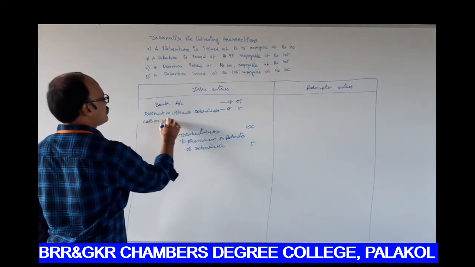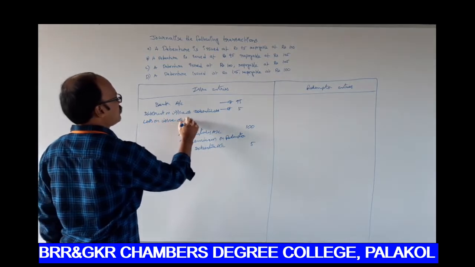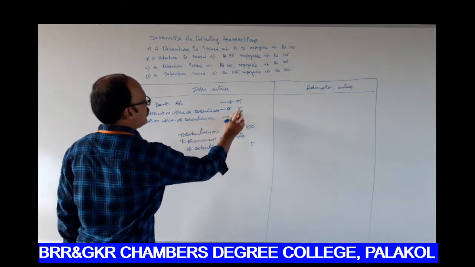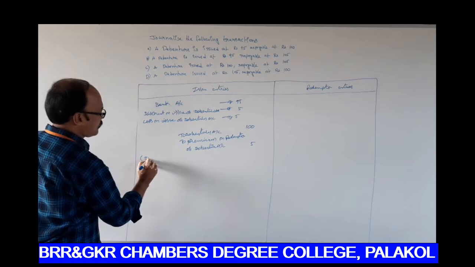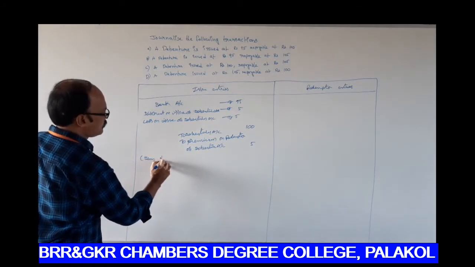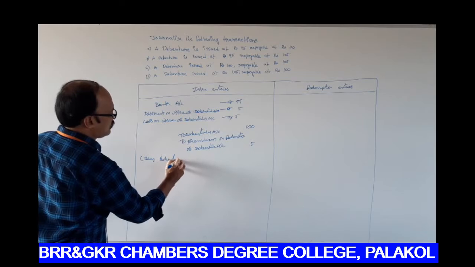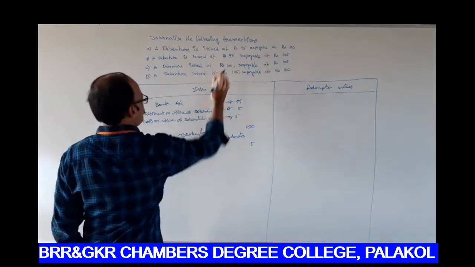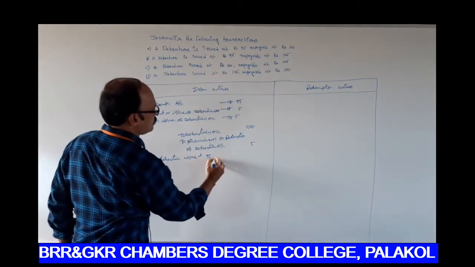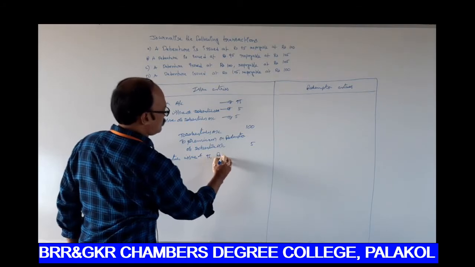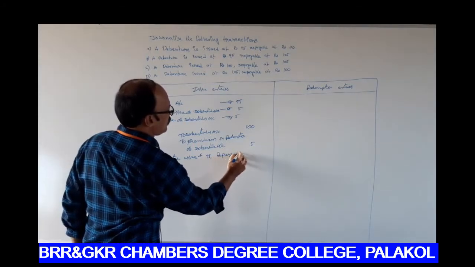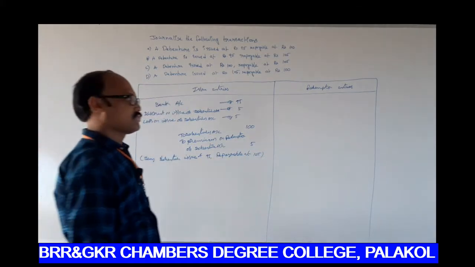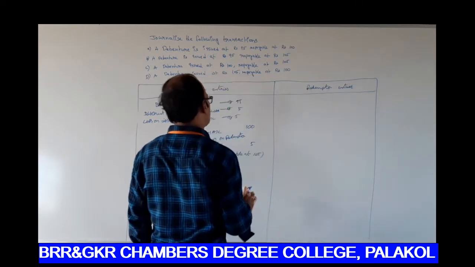Loss on issue of debentures account debit 5, being debentures issued at 95, repayable at 105. Next one, at the time of redemption entries.